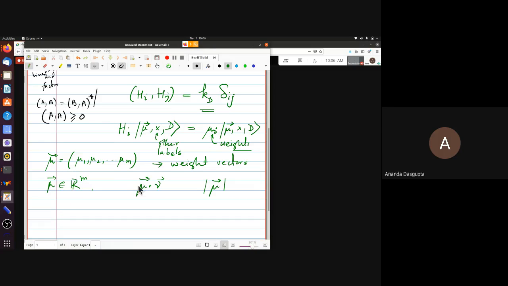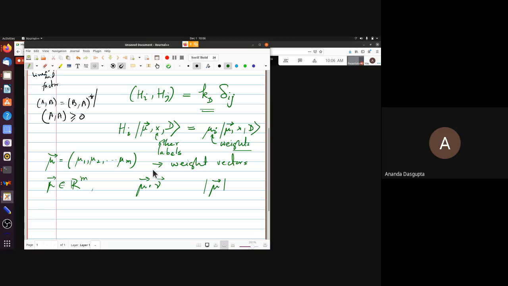So that's why it's in R^m, and you are essentially dealing with a real m-dimensional vector space here. Okay, please don't get confused about this. There are way too many vector spaces in this picture. There's one vector space which is carrying my representation, and of course, for every representation, there will be different vector spaces carrying that representation. That's point number one.